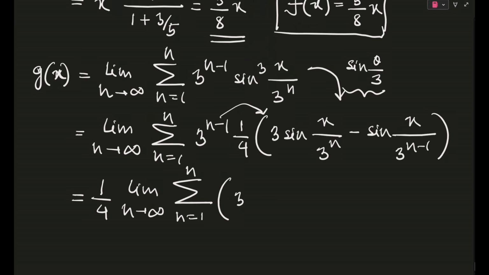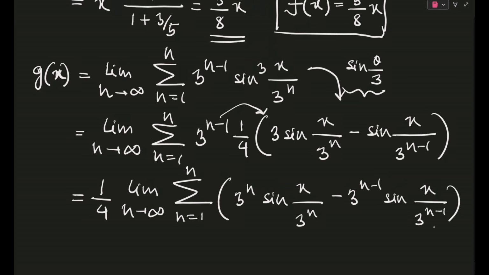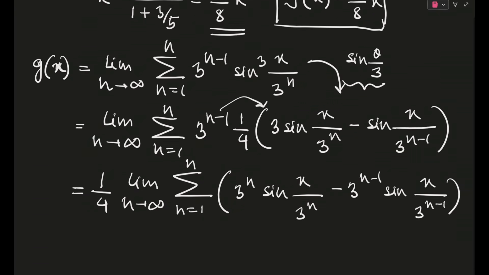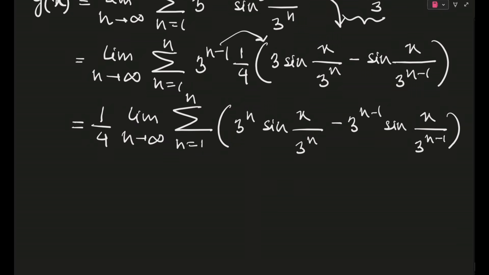So this thing becomes 3 power n sine of x by 3 power n minus 3 power n minus 1 sine of x by 3 power n minus 1. After this, if we start applying this sigma to the terms in the bracket, let's write down a few terms. Just considering this bracketed part, the first term is 3 sine x by 3.